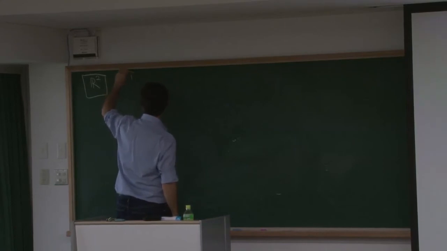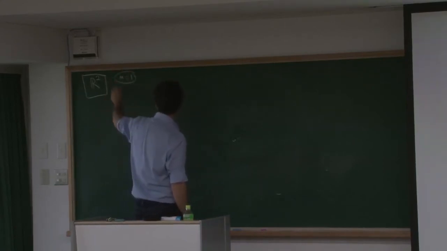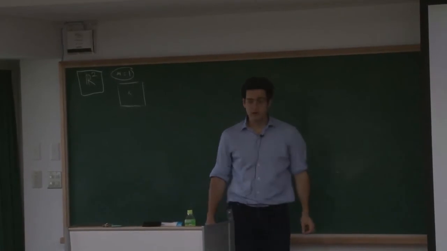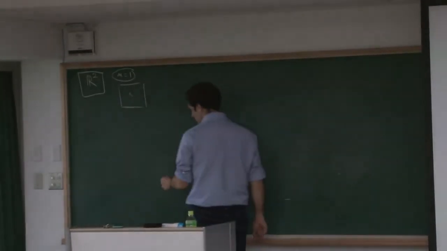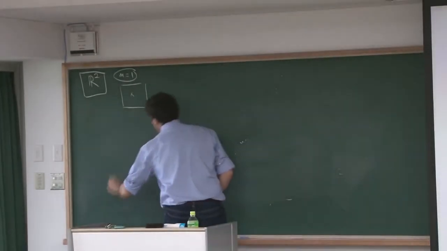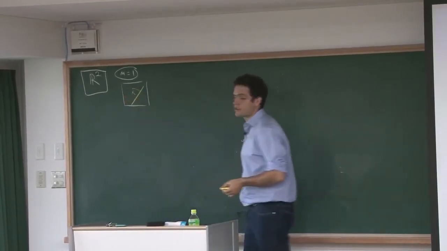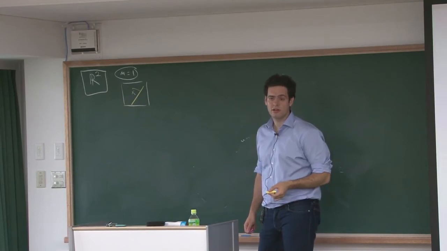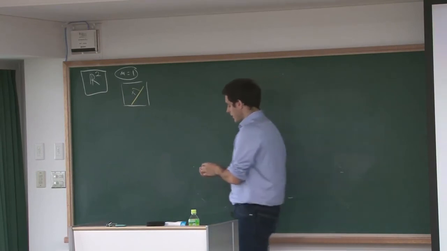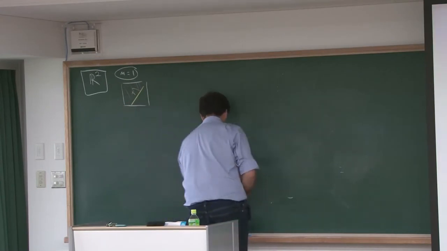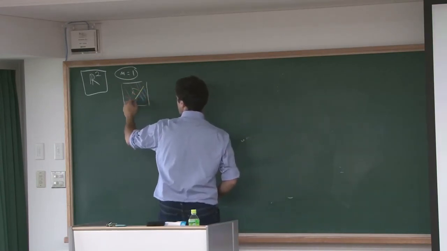N equals 1. If I have 1 point in R2, let's say this one, then it's very easy to shatter this point. I'm going to write my hyperplane like this, and I'm going to define the direction of the normal vector. Here I'm going to say that this is plus 1, and here it's minus 1.